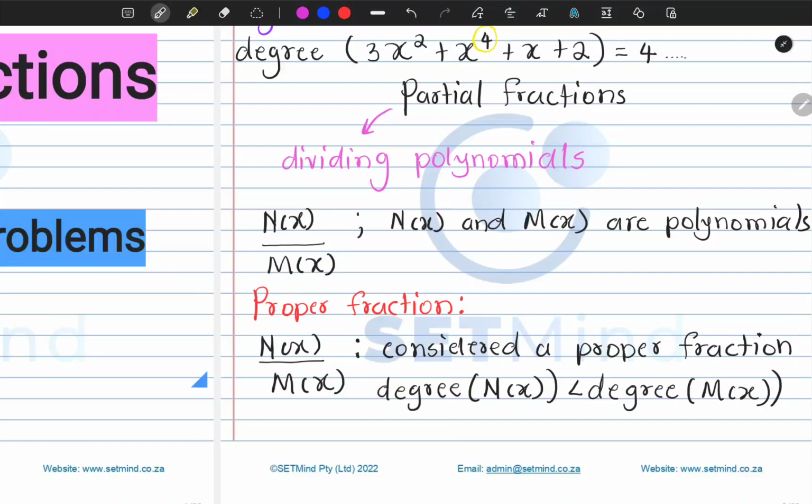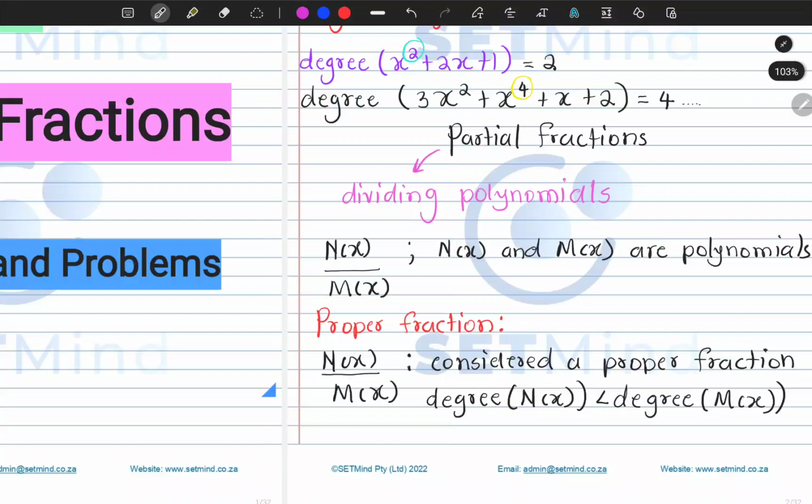So very important: we'll consider any partial fractions or two polynomials dividing as a proper fraction if the degree of the numerator, which is n(x) in this case, is less than the degree of the denominator, which is m(x) in this case.